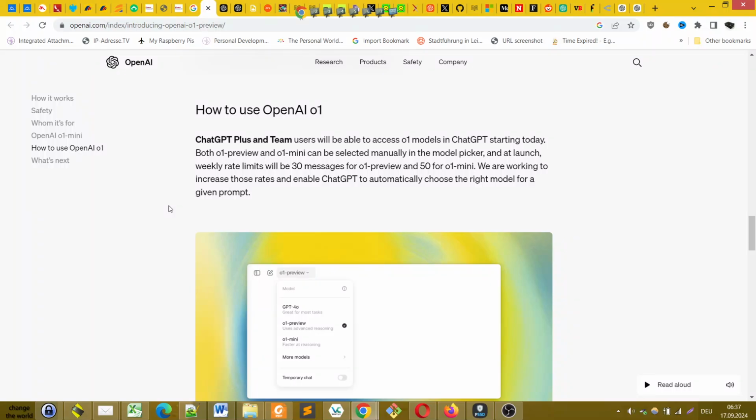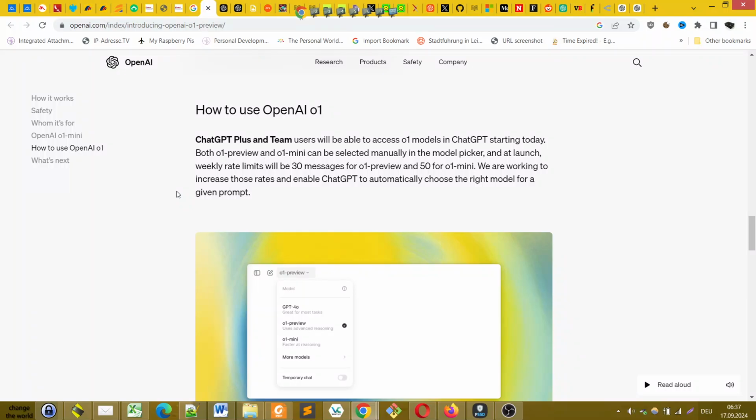o1 preview and o1 mini have limitations in ChatGPT. So you will be able to do 30 messages for o1 preview per week and 50 for o1 mini. They will continue to increase those limitations.